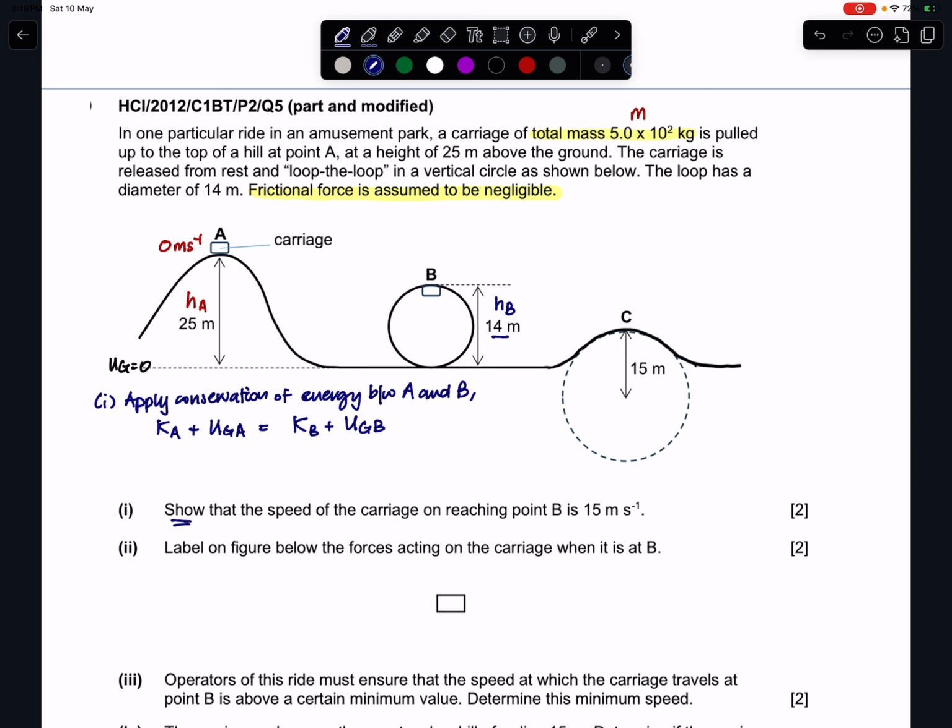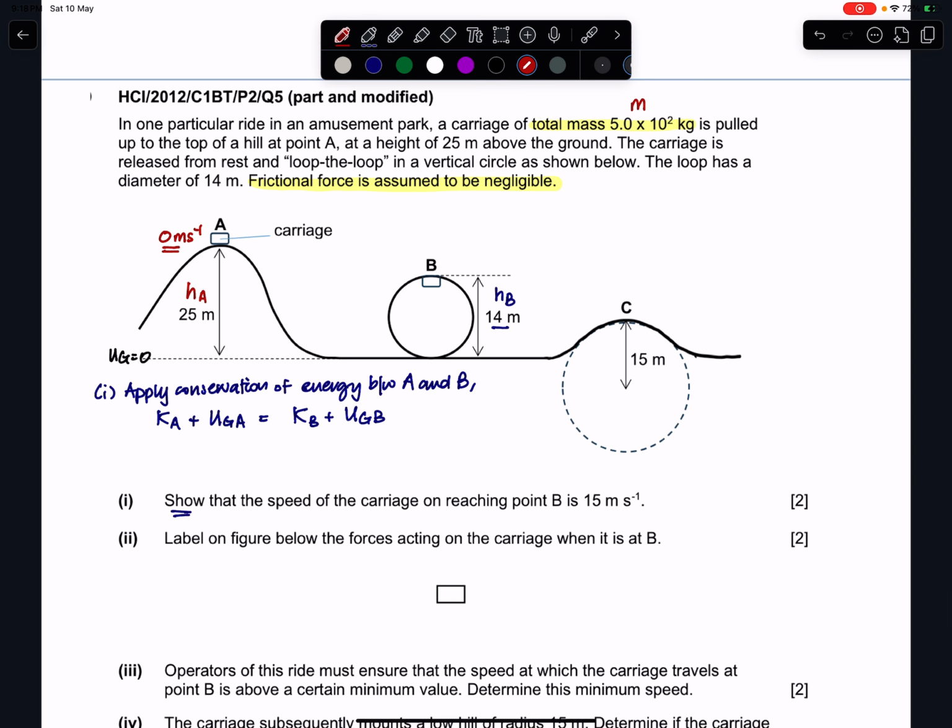What's the kinetic energy at A? It is 0, because it's half mv squared and the initial speed is 0. And the gravitational potential energy is mgha.